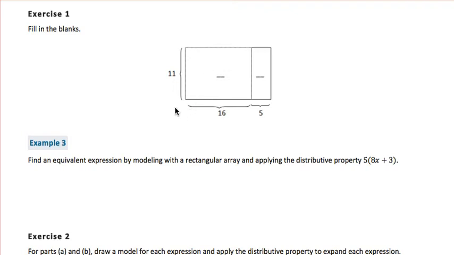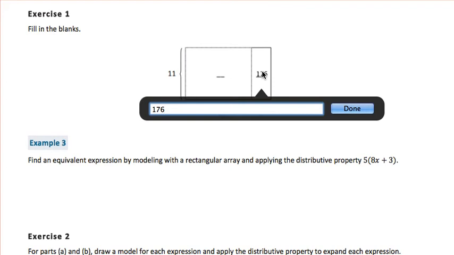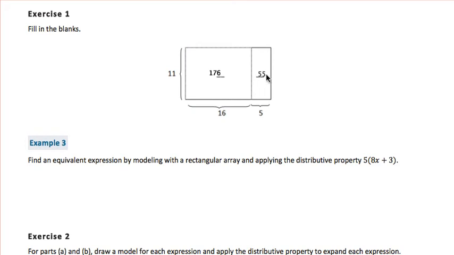If I have an array that is 16 plus 5, and there are 11 units, it's 11 units deep, then to find out this space, I would multiply 11 times 16, which is 176. And 11 times 5, which is 55.